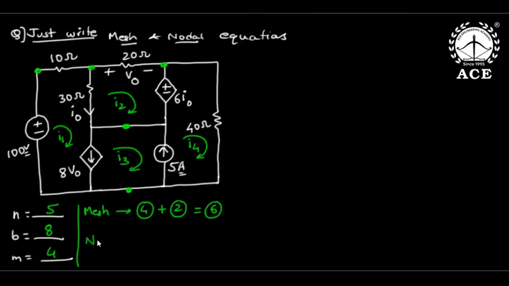Now when it comes to nodal, though there are a total of 5 nodes, one node is neglected as reference, and the remaining 4 are principal nodes. Let this be V1, let this be V2, and let this be V3.